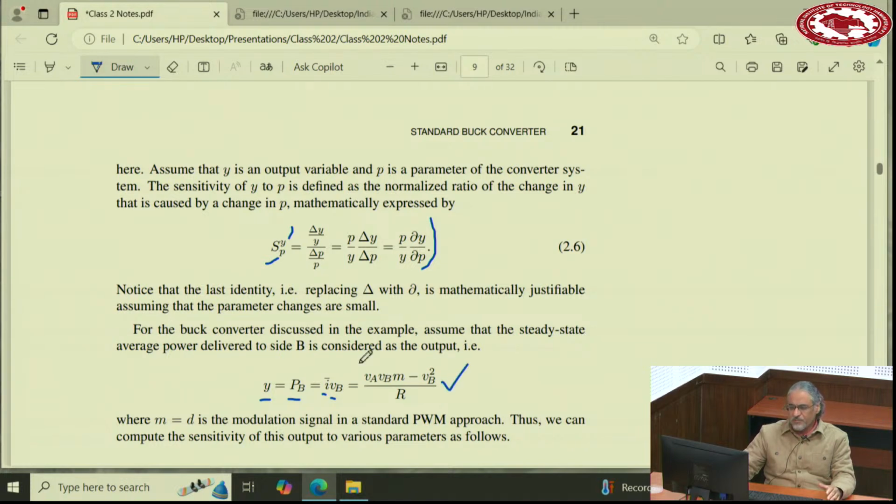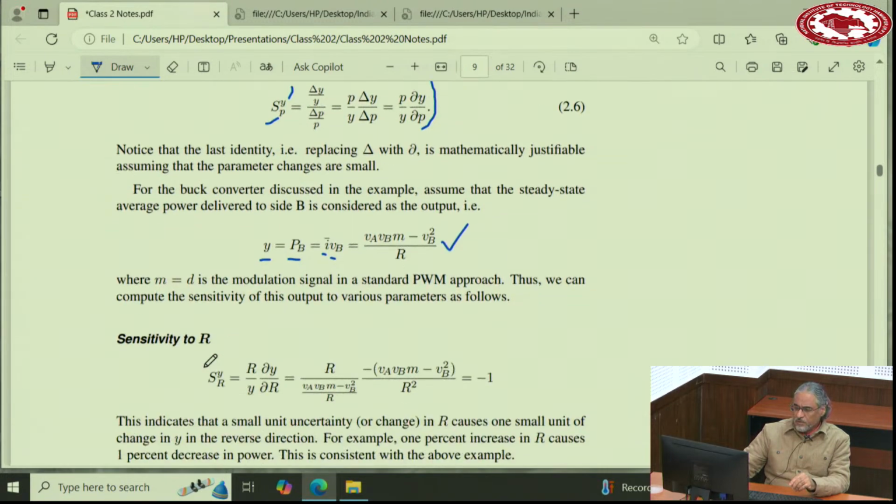So you get this expression for the output y. So output is a function of VA, VB, R, all these three parameters of the system, and the modulation index. So if you know all of them perfectly, then you can calculate y. But the problem is these things will change.